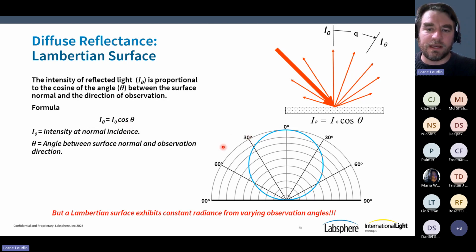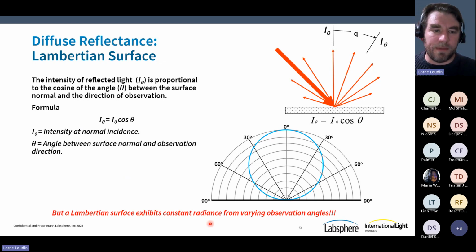If we were to look at that in a polar plot, the intensity is greatest at 0 degrees, cosine of 0. And as we approach 90 degrees, we approach 0 and the intensity drops off.